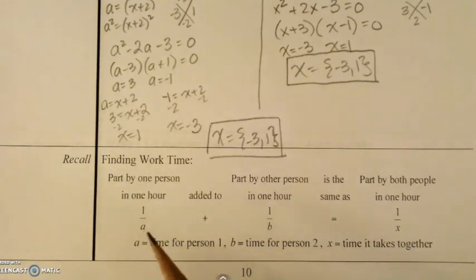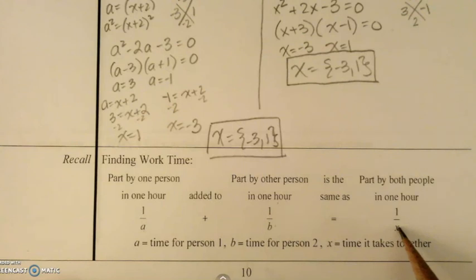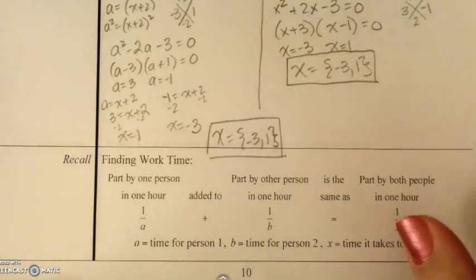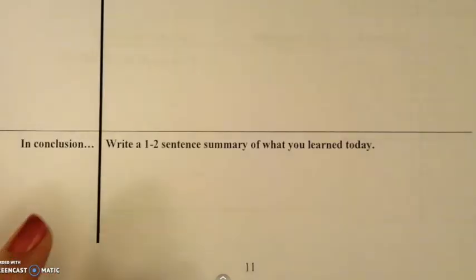So kind of using that idea of reciprocal. So 1 over A for person 1, 1 over B for person 2, and 1 over X for the two of them together. And we're going to be using that same setup for the next word problem. So let's take a look at the next page.